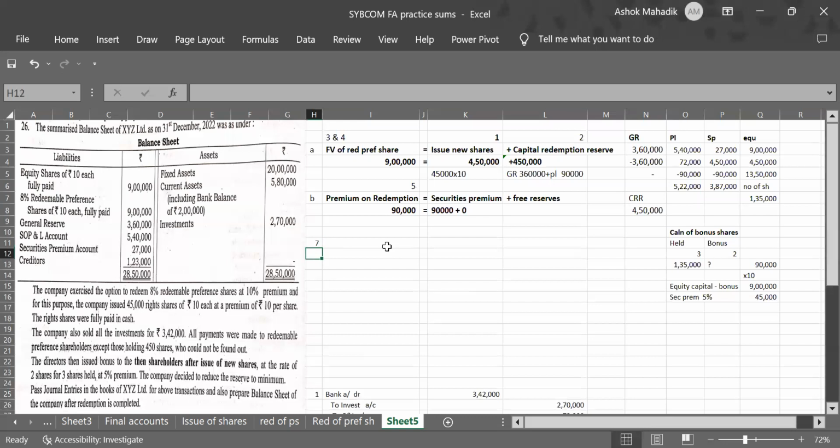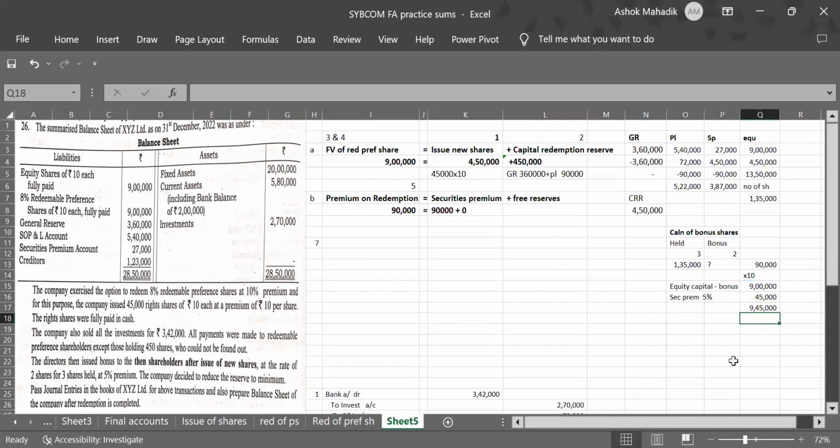Okay. So first we have to declare bonus. How to do that? We have to use reserves and transfer or declare it as bonus to equity shareholders. Now, how much worth of reserves will we need? 9 lakh towards capital and 45,000 towards reserves.